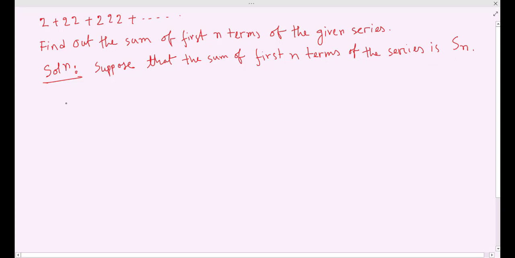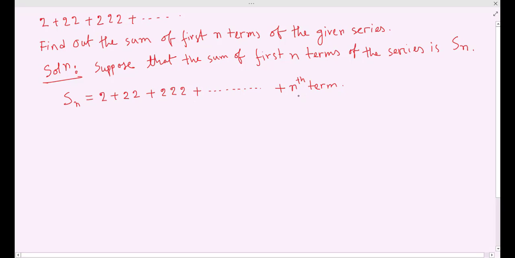Now what does Sn mean? Sn equal to 2 plus 22 plus 222 plus up to the nth term. We don't know what the nth term is, but we know that it will be 2 repeating n times. So Sn equals this series.